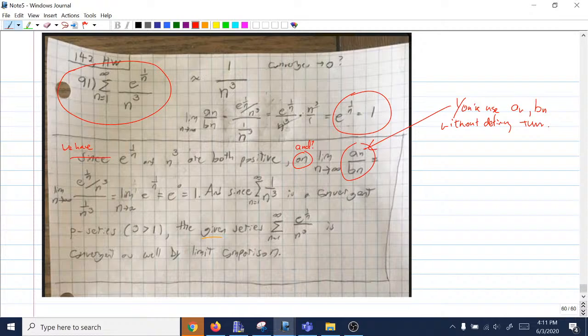Or maybe I talk about the f of x and the g of x from the theorem without saying what functions they are in this context. I don't think limit comparison is a theorem that's so complicated, or that this paragraph is so complicated that you need to do that. If you're going to use AN and BN, you should say what they are, but that's unnecessary. You can delete this chunk of the equation and just start with this and you're fine. Anyone who looks at limit comparison will understand what you're doing.